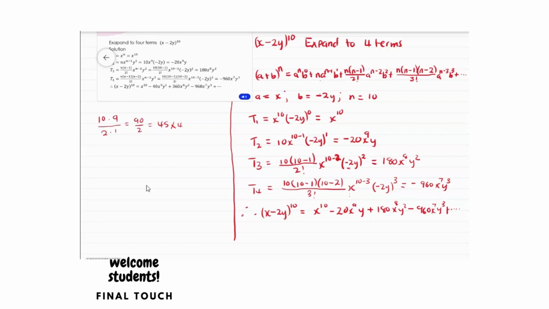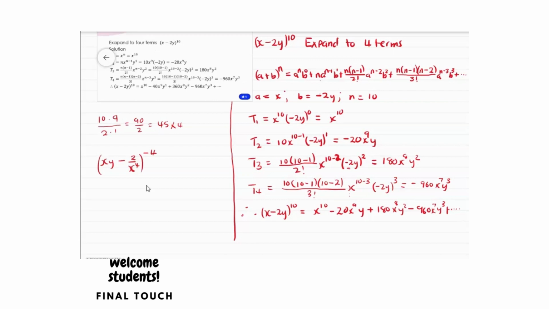As you can see, when you use this formula, you must be able to define your terms in respect of the formula, and then you perform your substitution. In some cases, this n can be negative. For example, we can have xy minus 2x all raised to the power of minus 4, like this.